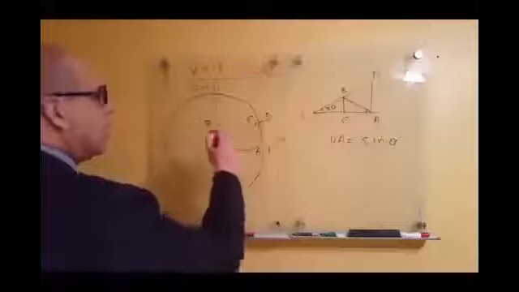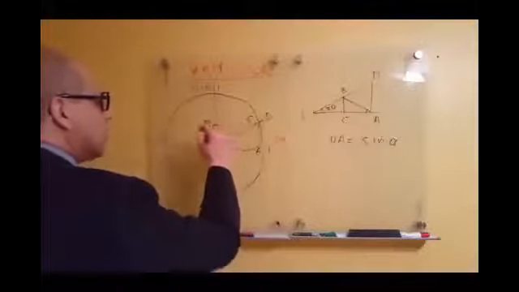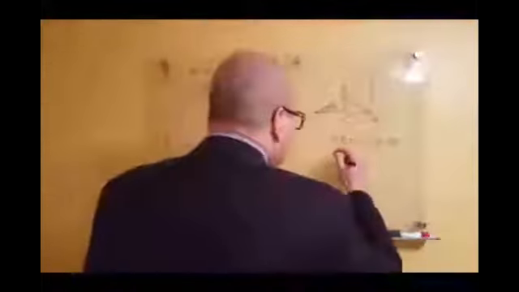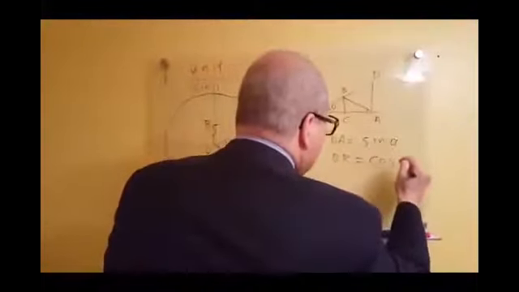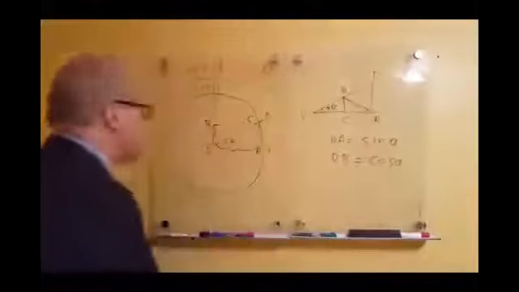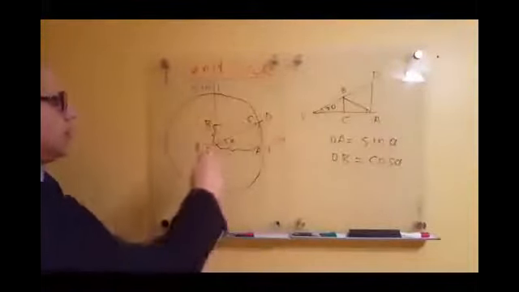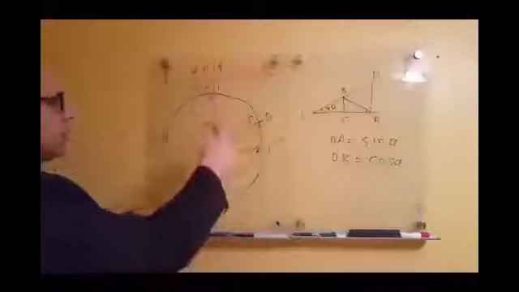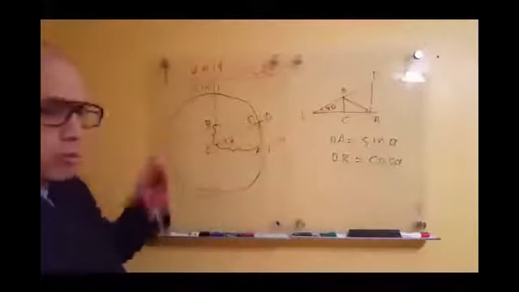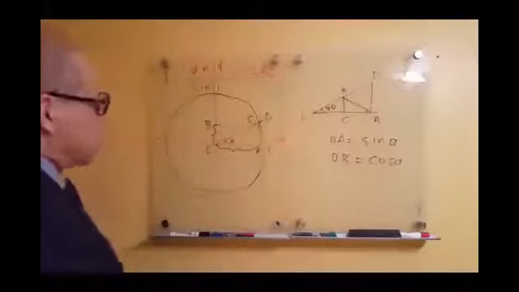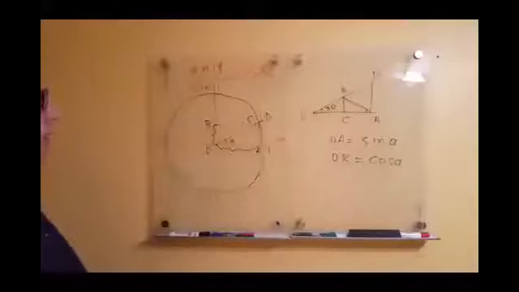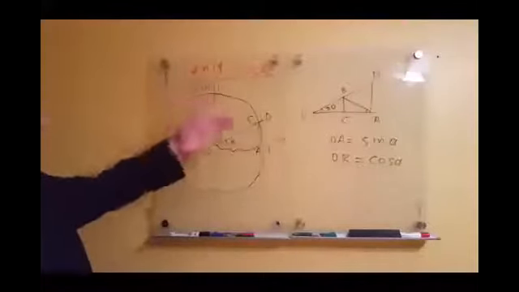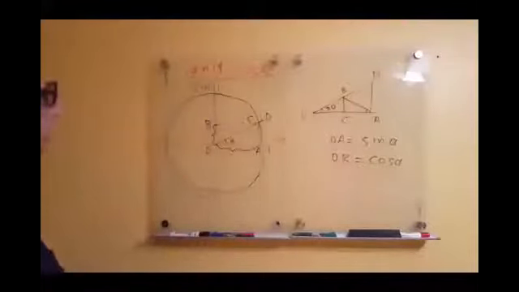And then this segment here, the OB, is the cosine of A, which is again positive, and it looks like it's approximately 0.4. So that's what we mean when we say we use the unit circle to measure cosine and sine.